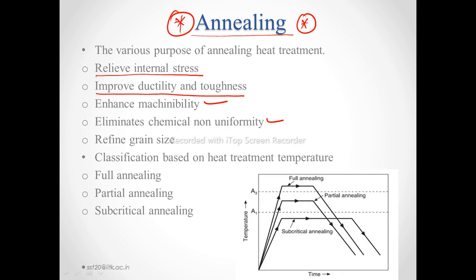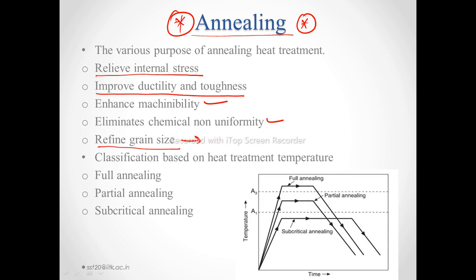It will remove the chemical inhomogeneity, and there is one more thing: refinement of the grains will also take place. Refinement means new equiaxed grains will be formed with the help of recrystallization annealing. This can happen.